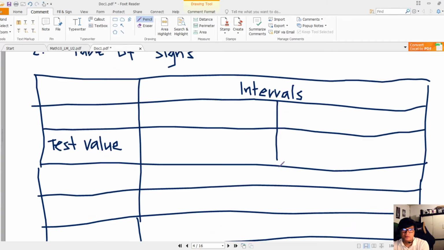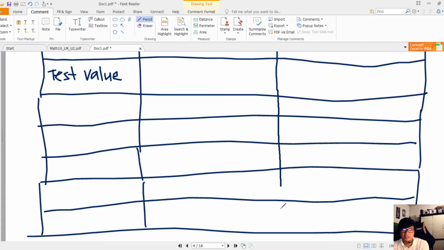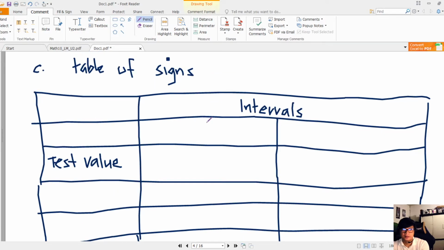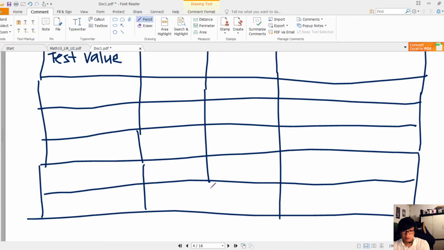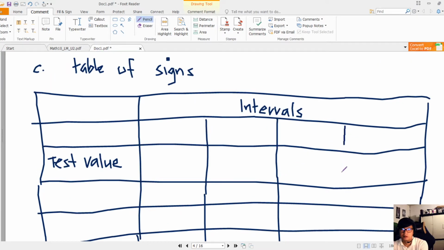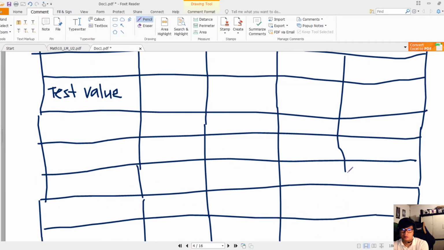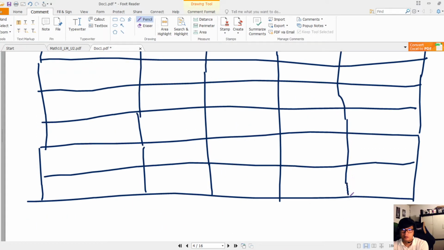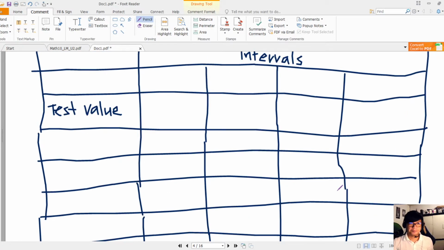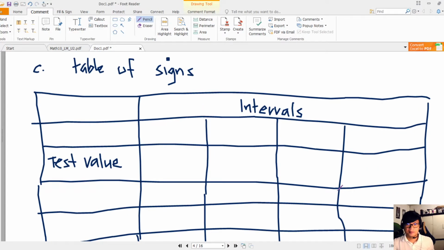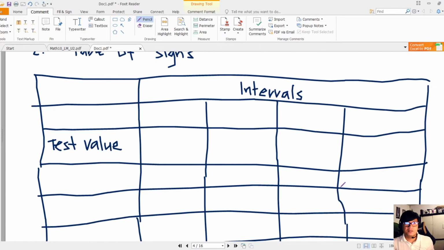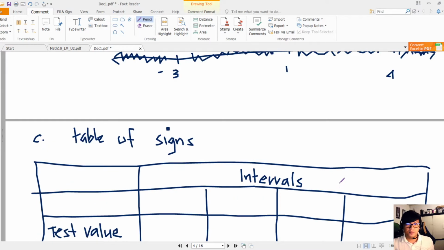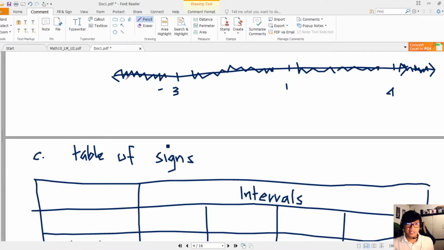Meron tayong 4 intervals. So, let's divide it into 4. So, the first interval is yung x natin is less than negative 3.